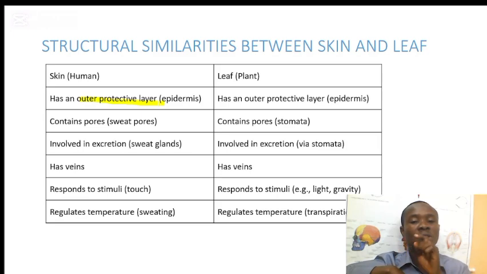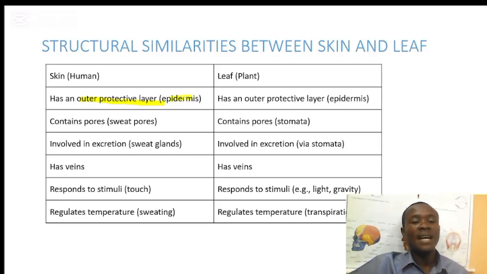In some textbooks it is divided into dermis and epidermis. In others they have an additional layer called the hypodermis. Hypo means below, the layer below the dermis, and epi means above, the layer above the dermis. But here we have to focus on the similarities, let me not be distracted.